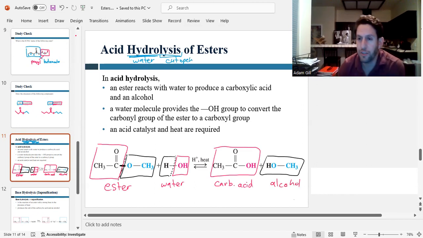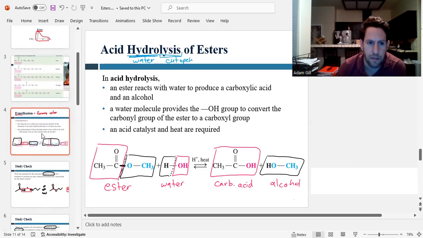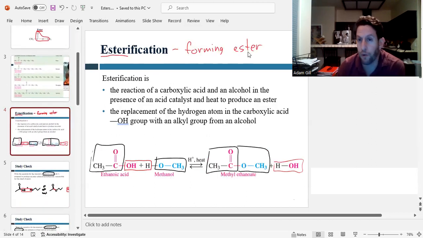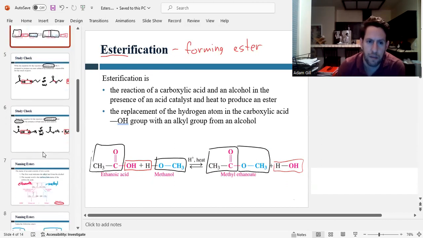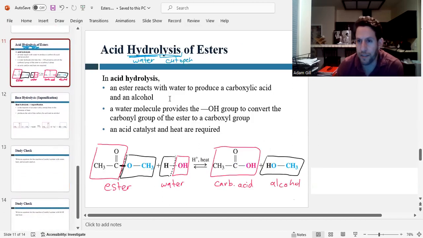And so this is essentially the reverse of esterification. Let me scroll back to that earlier slide. So esterification is forming the ester, where you have the acid and the alcohol combining. Hydrolysis is destroying the ester. So you break it open and you go back to the acid and the alcohol.